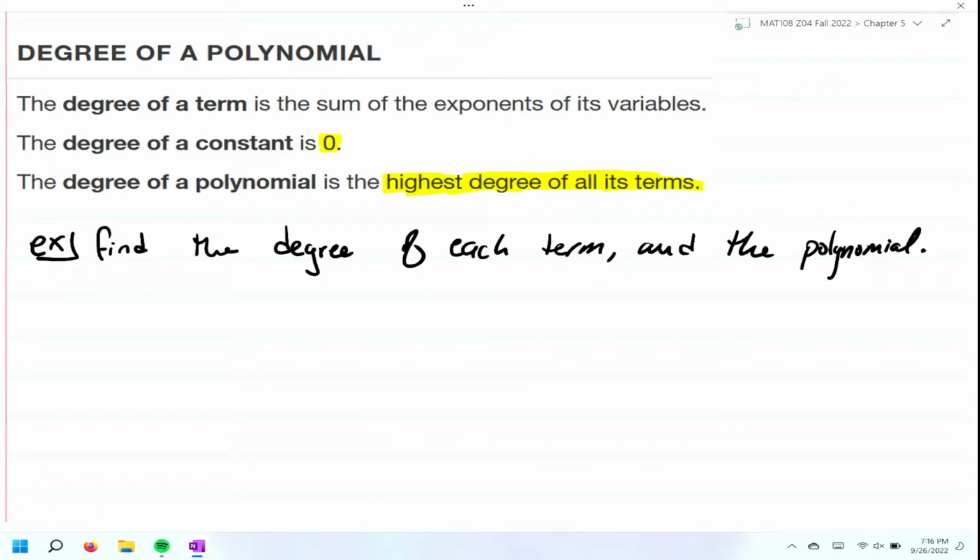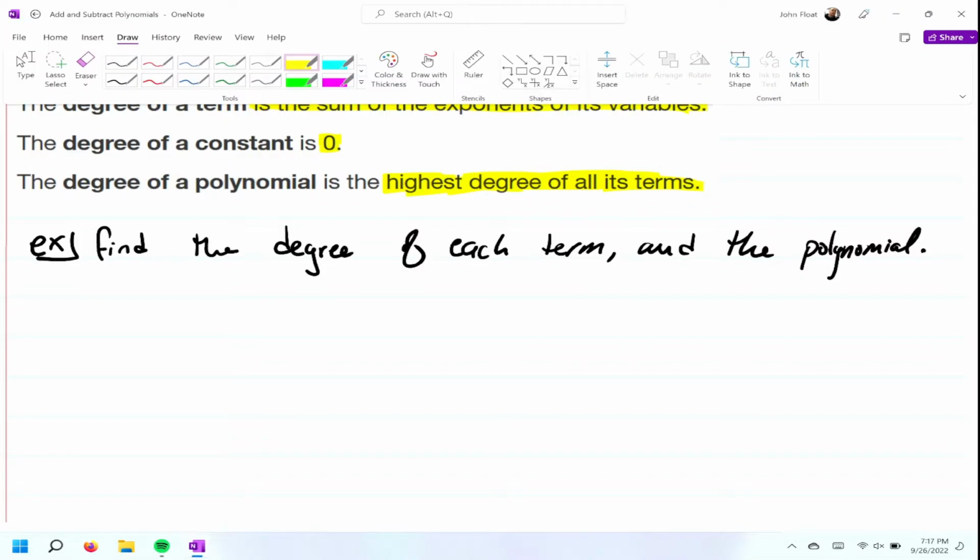And then, and this is the one that students kind of mix up, the degree of a term is the sum of the exponents of its variables. So what you're going to do is look at the polynomial itself. You're going to find the degree of each term by adding up the exponents. So let me show you some examples of doing this.